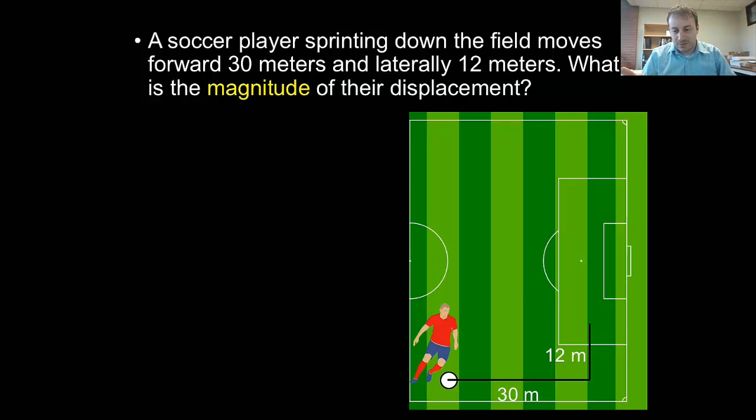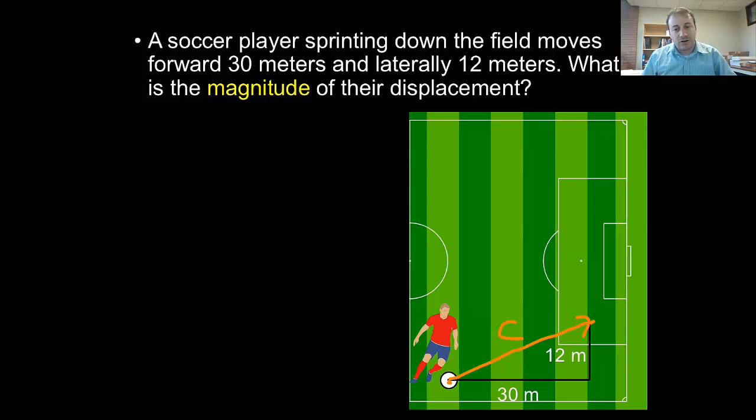When we're talking about displacement, we're talking about the movement from their initial position there to their final position here. And we're going to draw a vector, and this is going to be our displacement vector.